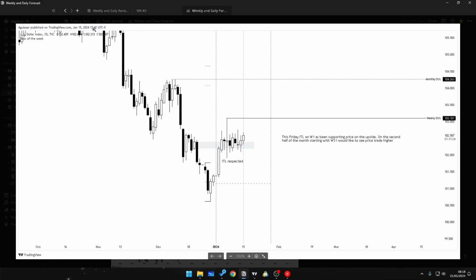This was Friday, week 2 Monday, week 2 Tuesday, week 2 Wednesday, week 2 Thursday, Friday, and then with the daily chart. I'm sorry, 12 hours. The one day, Monday, basically the Monday candlestick on itself.